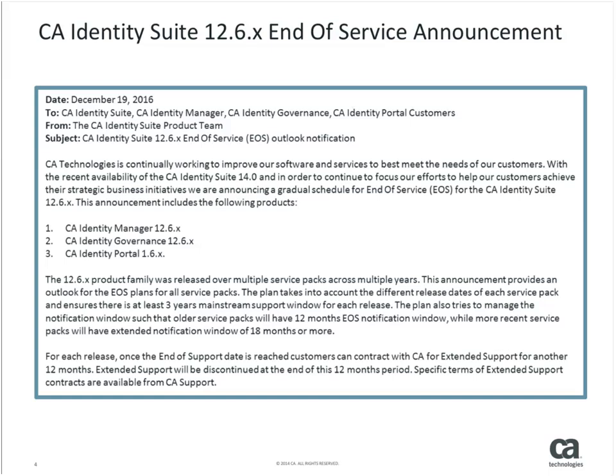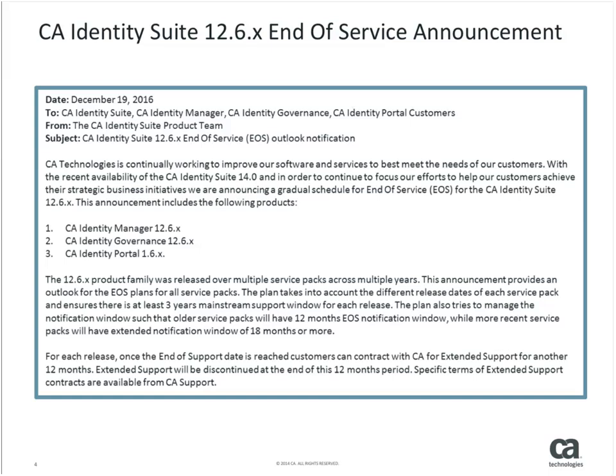So exactly 6 months ago, we sent out a notification discussing end of service for the 12.6x branch of our Identity Suite product. These include the CA Identity Manager, the CA Identity Governance, and the CA Identity Portal running anywhere within the 12.6 branch.